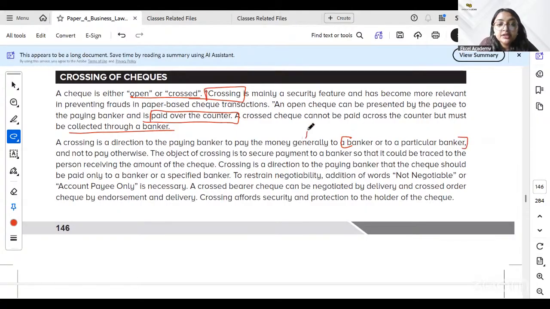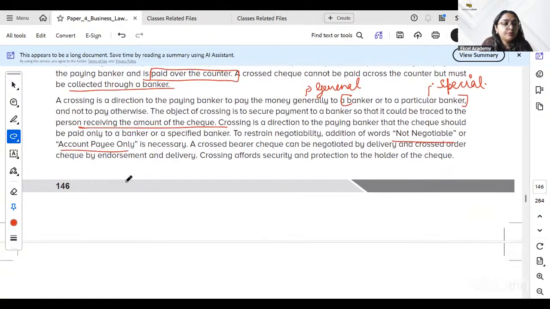If it is to any bank, it is your general crossing, and if it is to a particular banker, it is your special crossing. The object of crossing is to secure payment to a banker so that the person receiving the amount of the check could be traced. Crossing is a direction that the check should be paid only to a specified banker. Then we understood not negotiable and account payee as well.